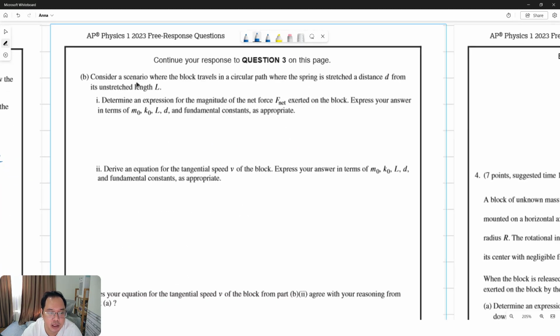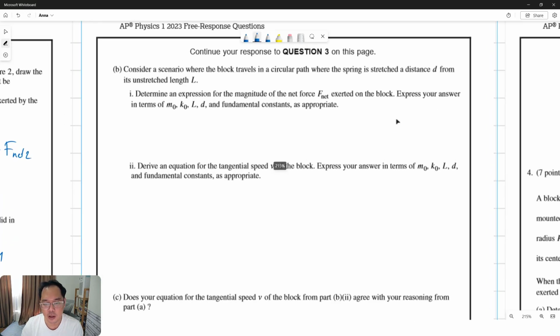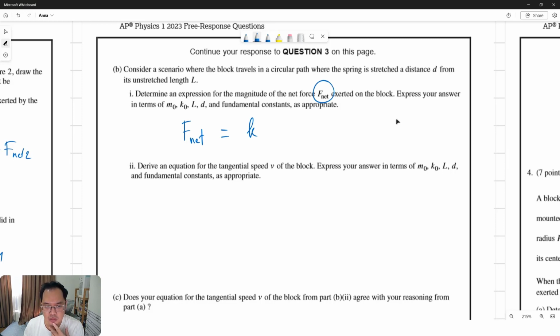Question B. Consider the scenario when the block travels in the circular path and the spring is stretched a distance d from its unstretched length L. Determine an expression for the magnitude of the net force F net exerted on the block. Express your answer in terms of m0, k0, L, and d, and fundamental constants as appropriate. As already mentioned, this net force is equal to the elastic force k times x, where x is d here.